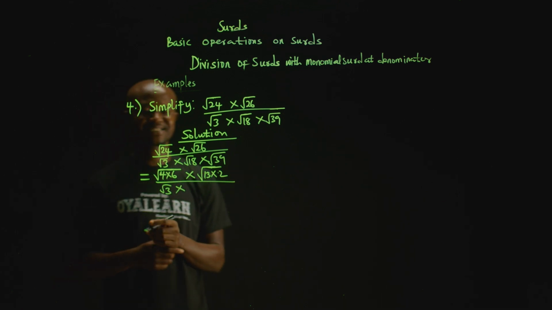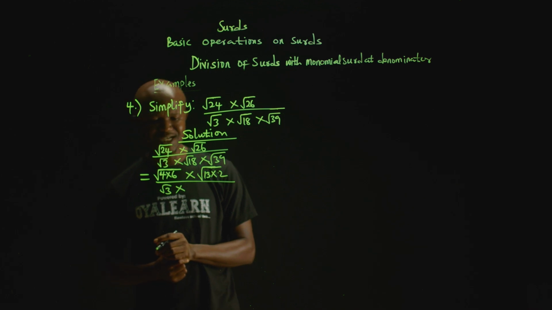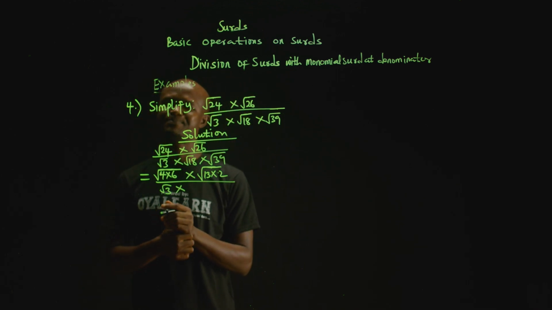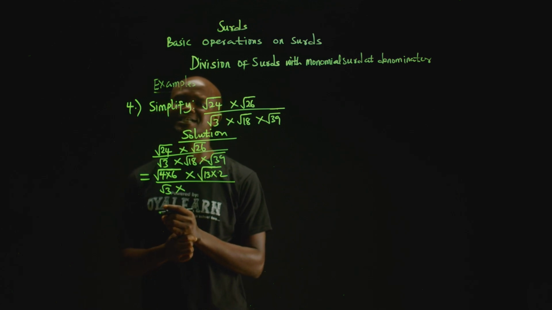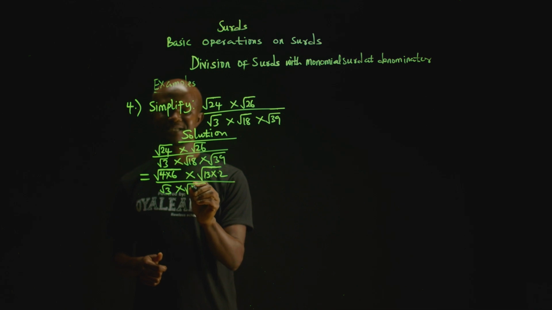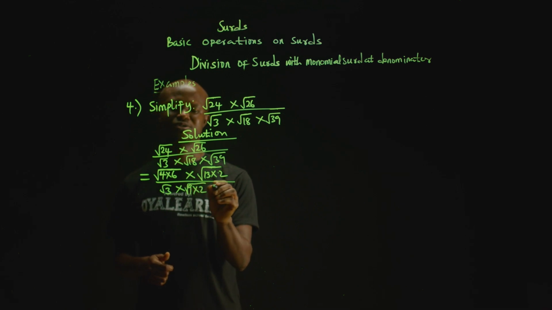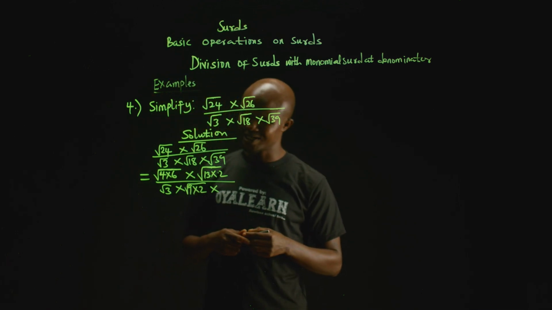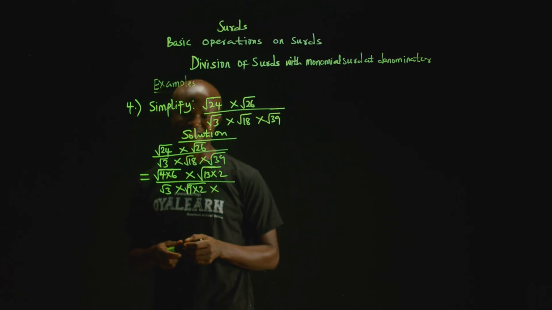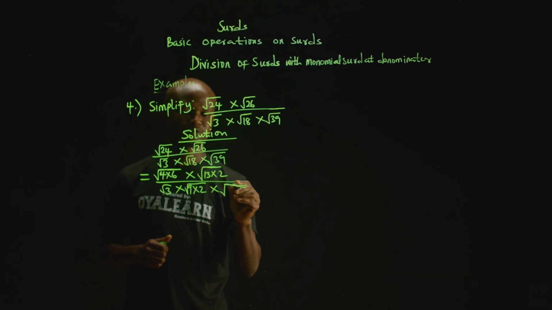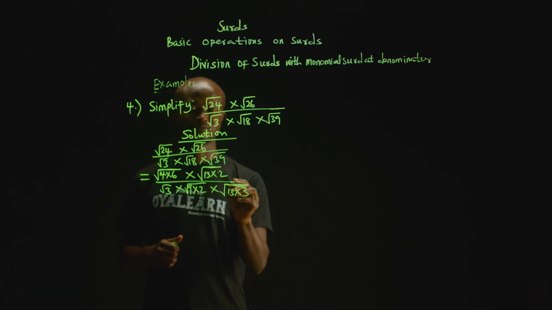Then splitting 18, we can split 18 as a perfect and non-perfect. The highest perfect square number we can have in 18 is 9. So we can split 18 as 9 times 2. Then, since we are considering 26 and 39 together, we need to write 39 as root 13 times 3.